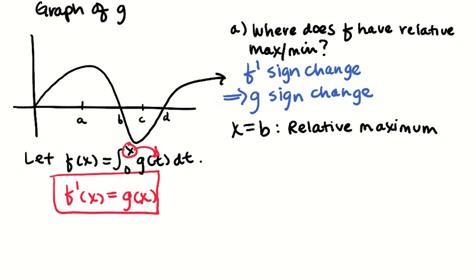And then at x equals d, g is going from negative to positive, meaning f prime is going from negative to positive, meaning f is going from decreasing to increasing, which is a relative minimum.